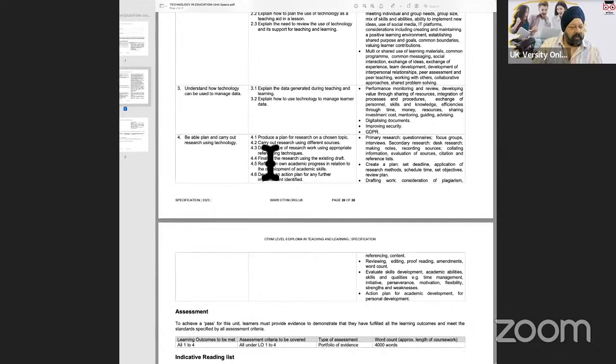This might not be directly related to what we've covered in the learning outcomes and the unit, but as the awarding bodies put it, this is like a mini research project, which looks at your capability as a tutor, lecturer or instructor, to use technology to do a bit of research, put something together, and then teach and deliver in the classroom.